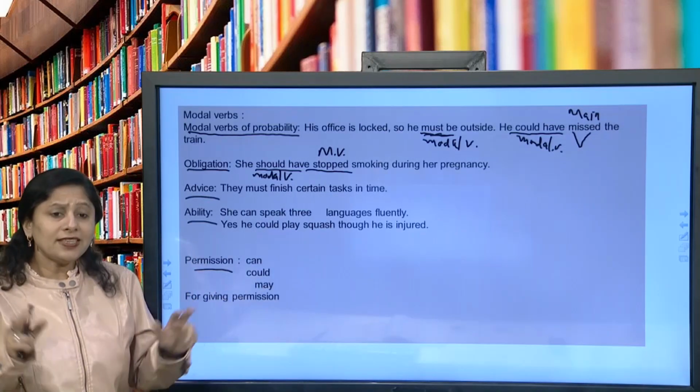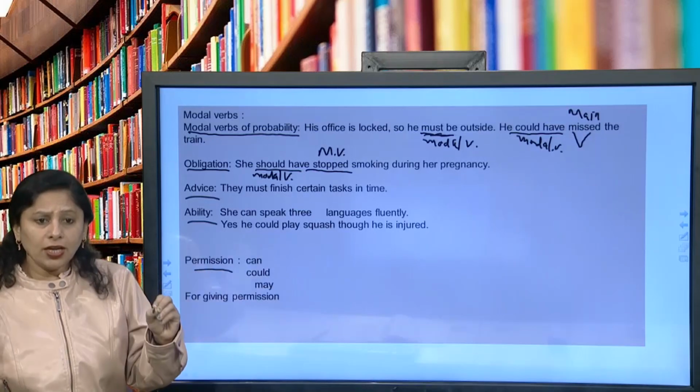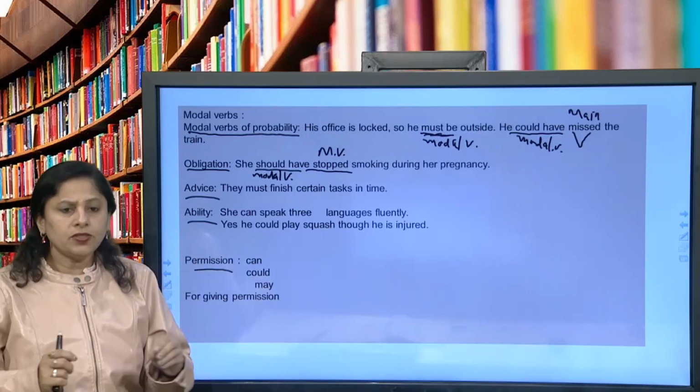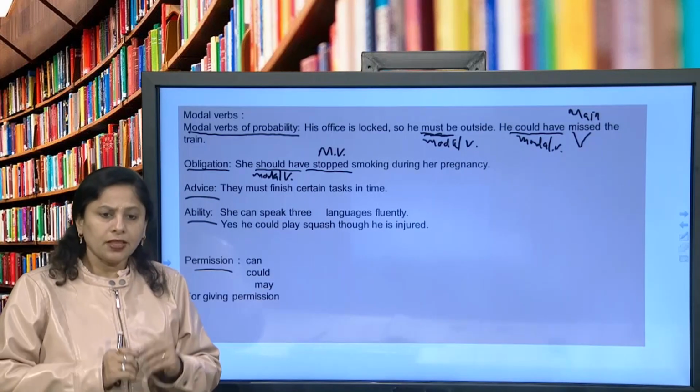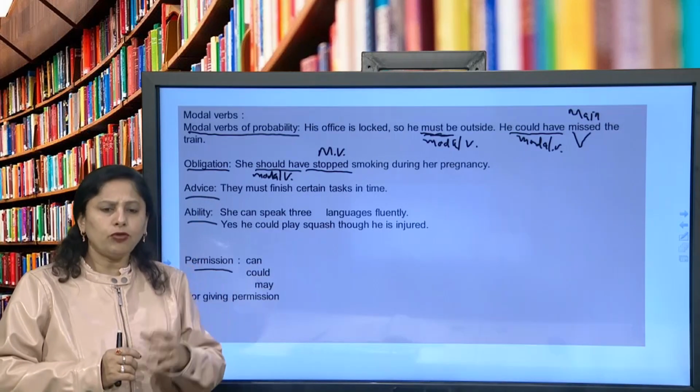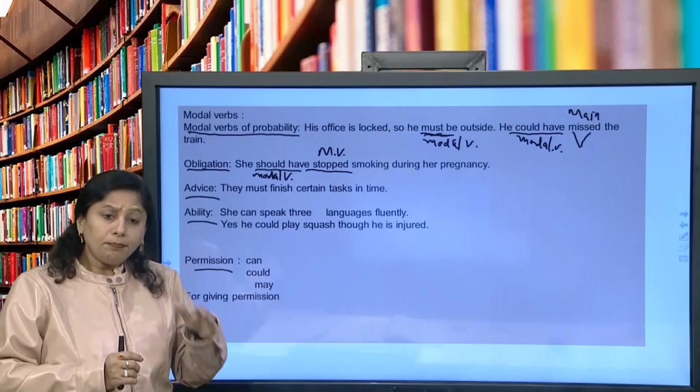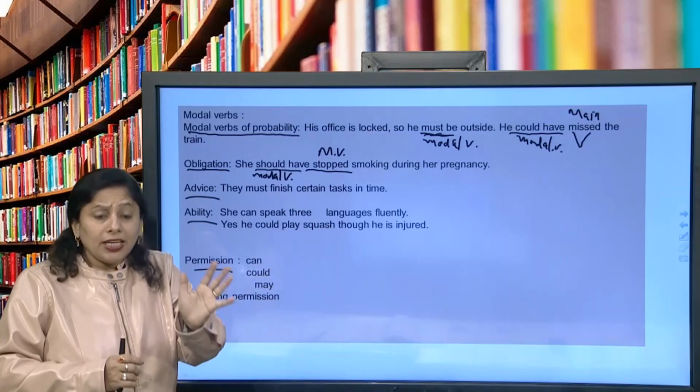When you are utilizing the modal verbs, the auxiliary verbs, the helping verbs, the suffixes and prefixes are never taken. They are always in the original form only.